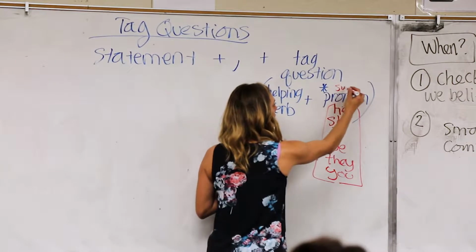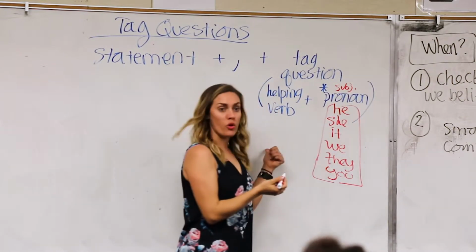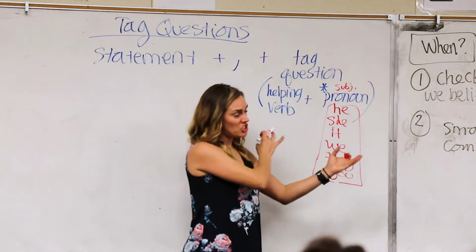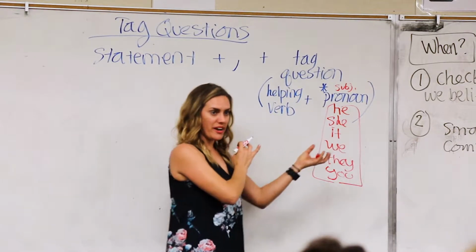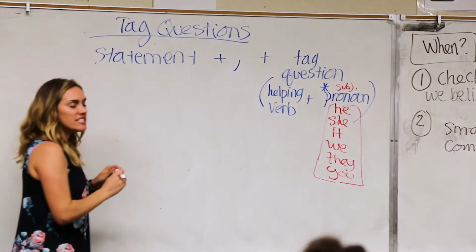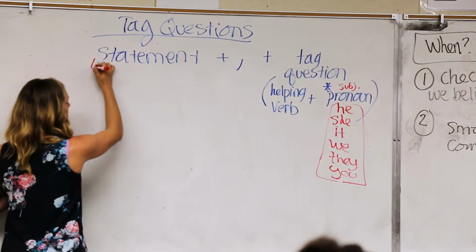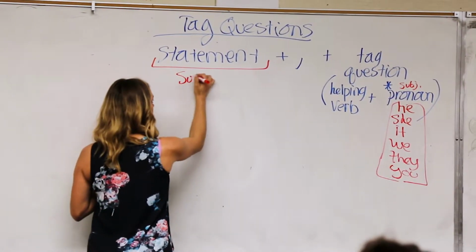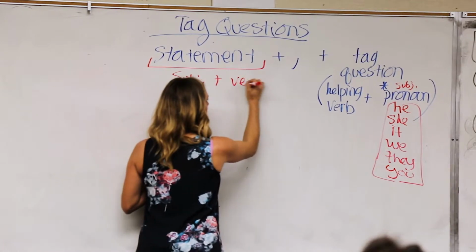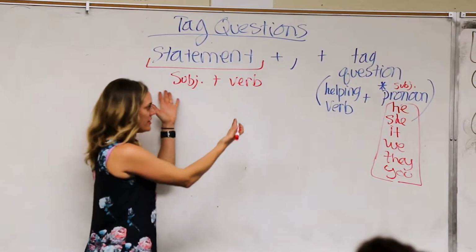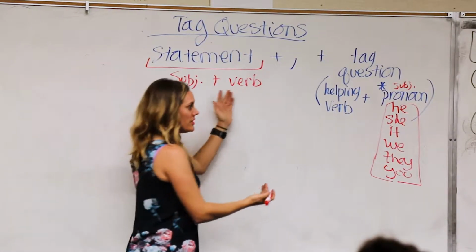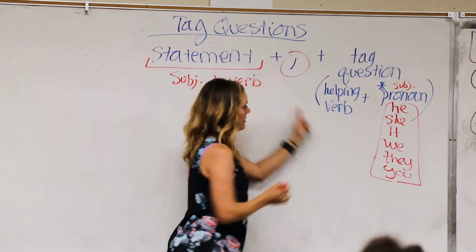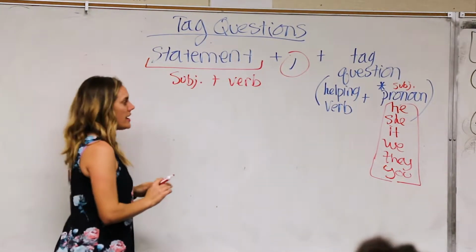That means they usually come before the verb, right? But it's a question, so it comes after the verb, right? So let's give you an example. We have the statement, which is actually just a subject plus a verb. That's a sentence. It's a subject and a verb plus the comma, and then your tag question.